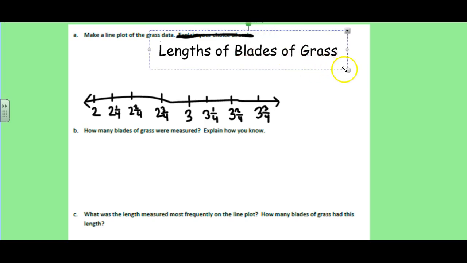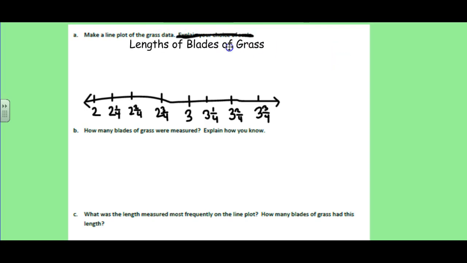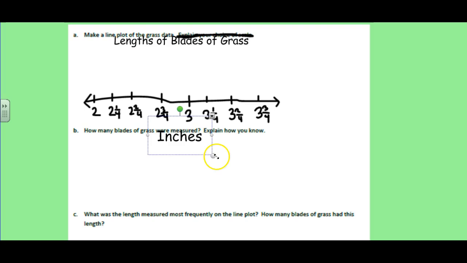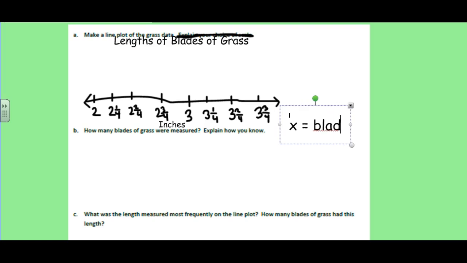And then we're going to have to label that the numbers are inches, and we're going to have to label that each X that we're going to be putting on our line plot is equal to a blade of grass, or a piece of grass, and a blade of grass is the same thing. Remember, if I'm going too fast for you on this part, you're going to have to push pause and stop it so that way you can catch up with me and you've got everything labeled like you need to.